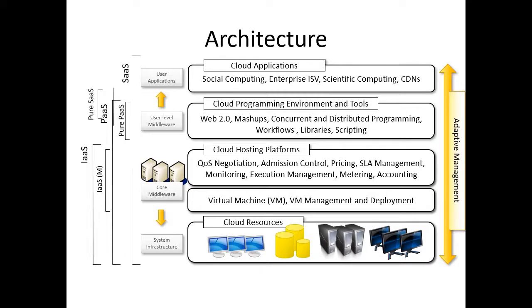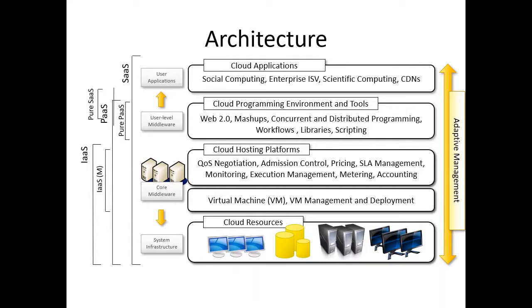Now, this cloud architecture or the system infrastructure is managed by the upper layer, that is called the core middleware. What is the role of this core middleware? Core middleware is nothing but an interface or an interlink, to be precise, between the client and the host architecture.